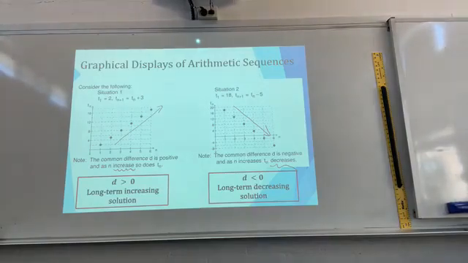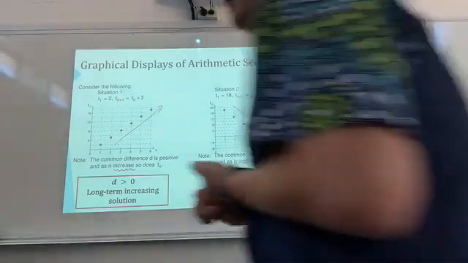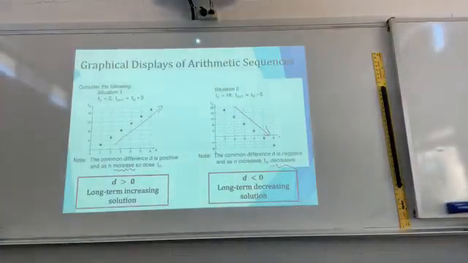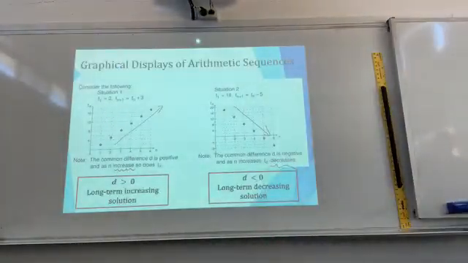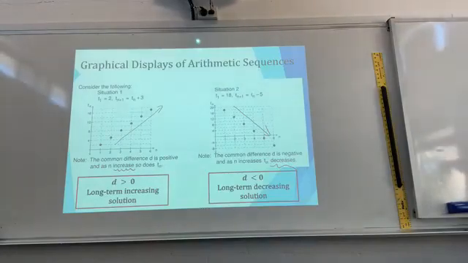Whereas when d is less than 0, it's a long-term decreasing solution. So think about the slope. One is long-term increasing, the other one is long-term decreasing. Positive, increase, negative, decrease. All right? Link that for your arithmetic sequence. Pretty straightforward: you know the slope is up or down only.